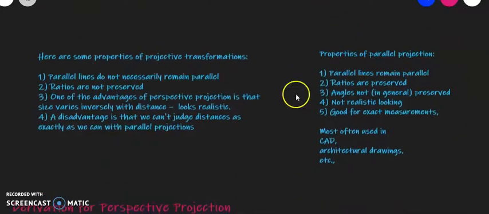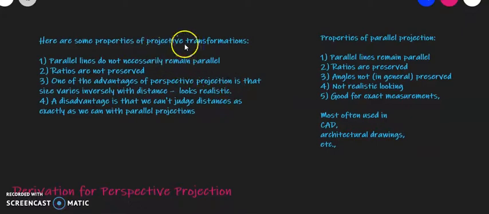Now, here are some important properties of perspective projection and parallel projection. Okay, so this is your perspective projection, right? And this is your parallel projection. Okay, so now we see that the parallel lines do not necessarily remain parallel in case of perspective projection.